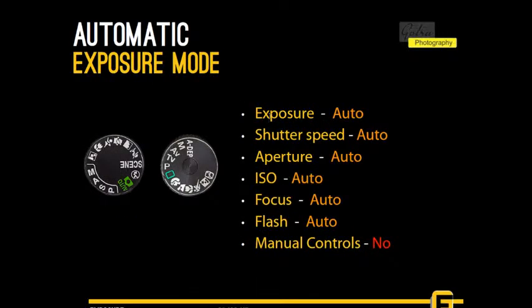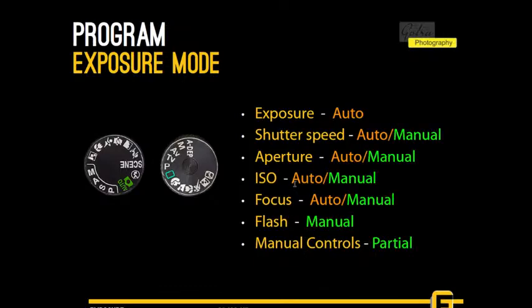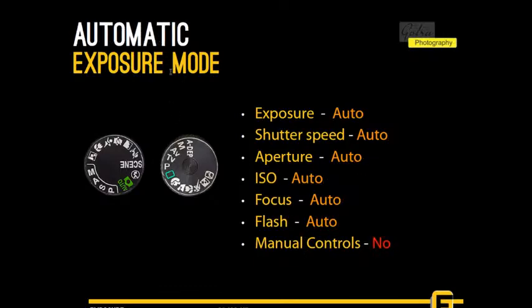Here, if you go to exposure mode, in automatic mode exposure will be automatic, shutter speed will be automatic, everything will be automatic. There are no manual controls if you are using automatic.